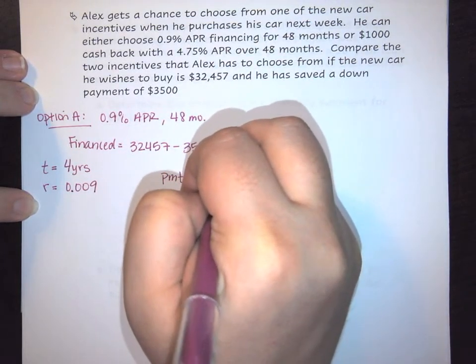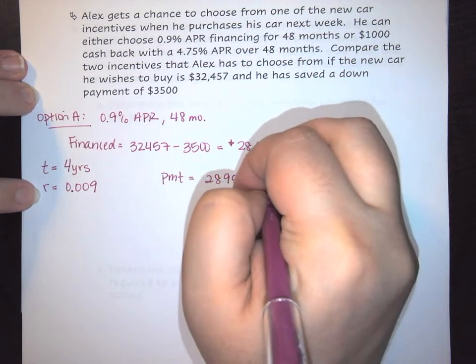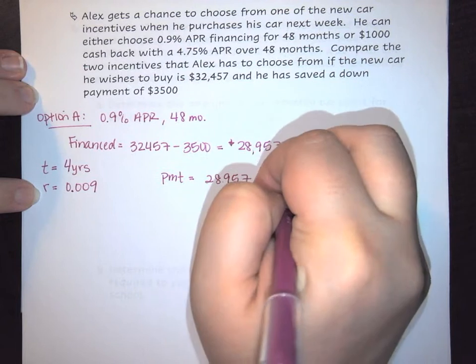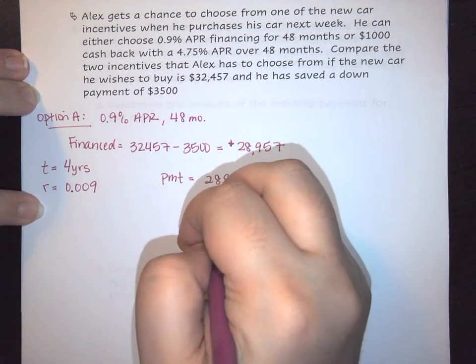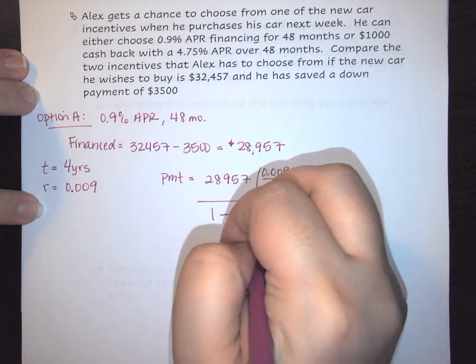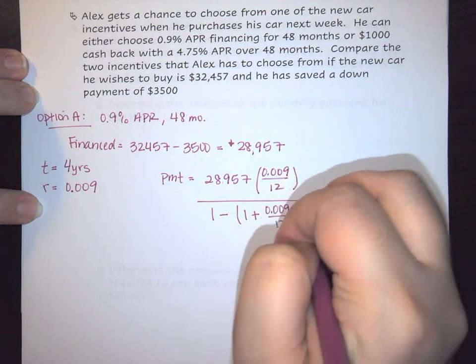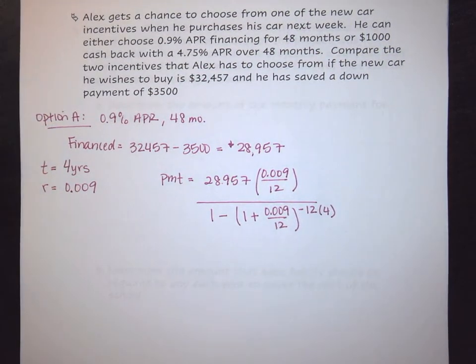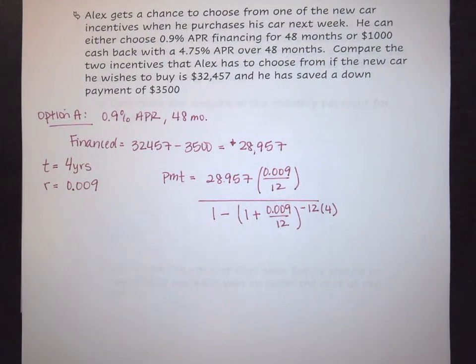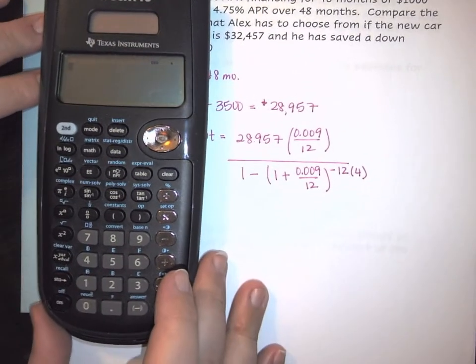So the $28,957 times my rate, 0.009, divided by 12. And then on the bottom, again, it's going to be 1 minus 1 plus 0.009 divided by 12, raised to the negative 12 times 4. Okay. So one more time, let's go ahead and walk through plugging that into your calculator so that we can get our payment.